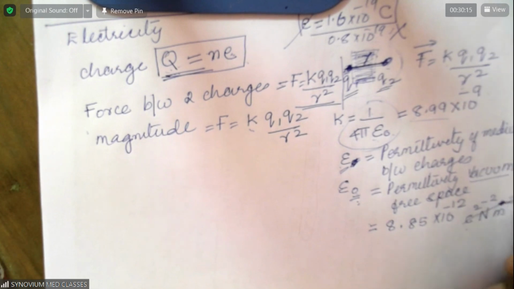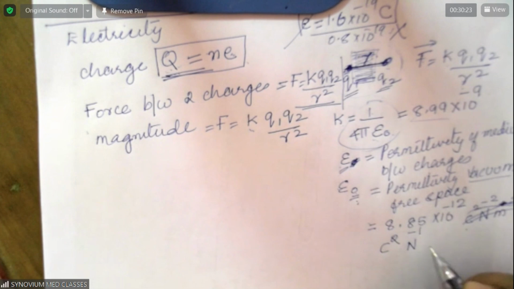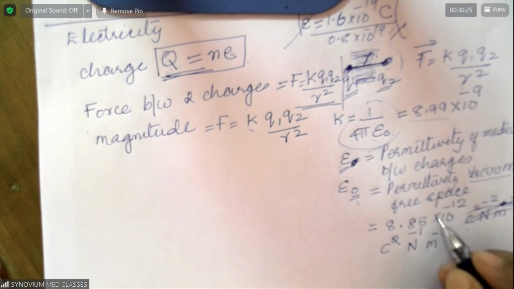Sorry, I'll just write it again: Coulomb square, Newton minus 1, meter minus 2. This is the unit of this.